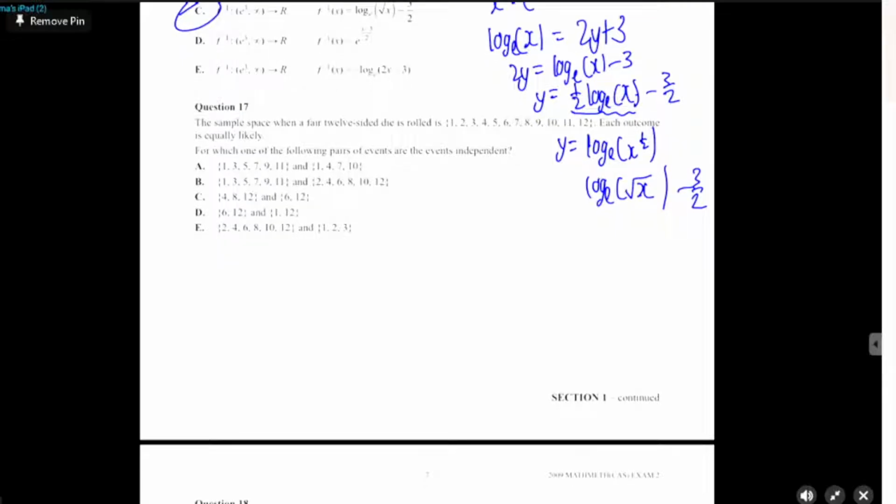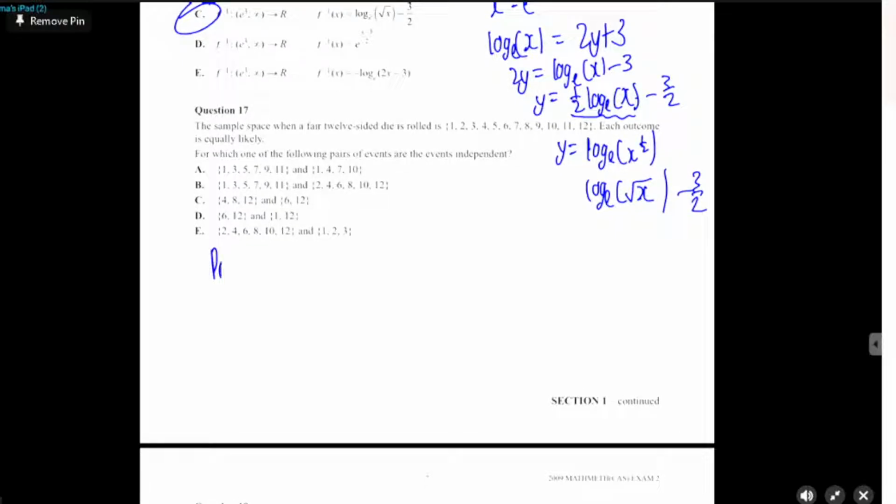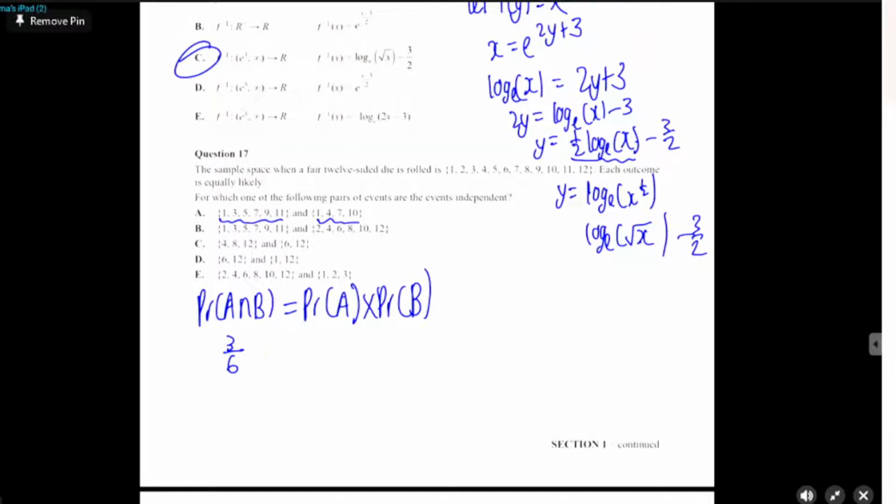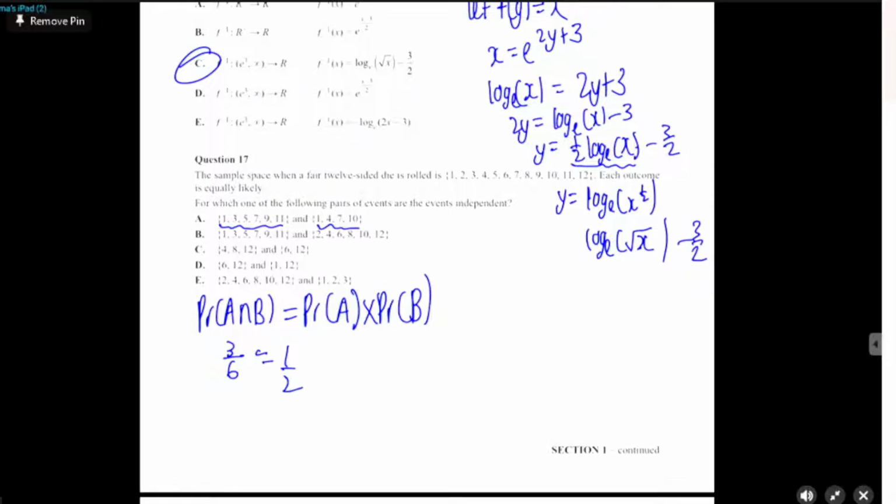For 17, with independent events, you need to know that probability A intersection B is equal to probability A times probability B. And because of that, probability of A is just 3 over 6. And then probability B is... no, the first one should be 2 over 6.